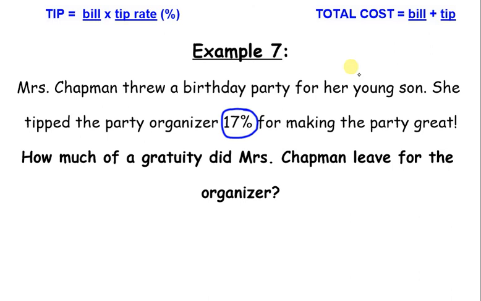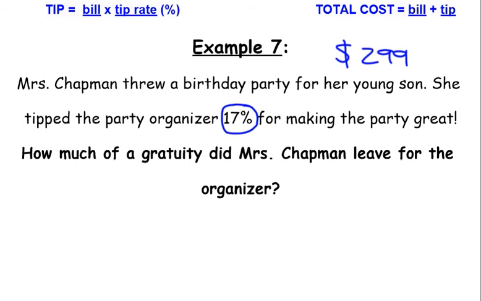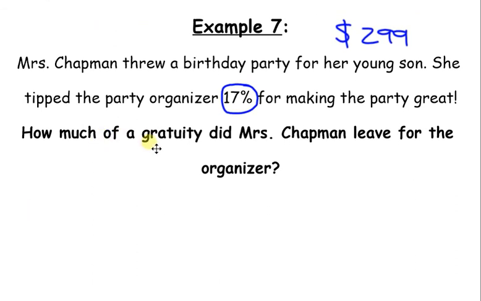All right, so she paid $2.99 for the party, and she tipped them 17%, the party organizer. So this is just a basic calculation, and it wants to know how much gratuity did she leave. It does not want to know the final bill. So we're going to do $299 times 17%, and you know we need to move the decimal point back 2 spots, so times 0.17.